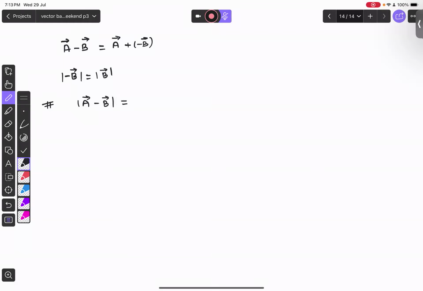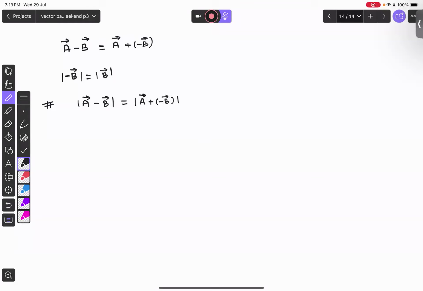I hope you're getting it. We are not subtracting B from A. It is the same as adding A and some other vector, just that the vector's name is minus B. So what we do to find the modulus of the sum of two vectors, the same thing we are going to do here as well.